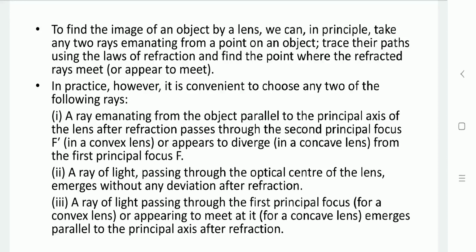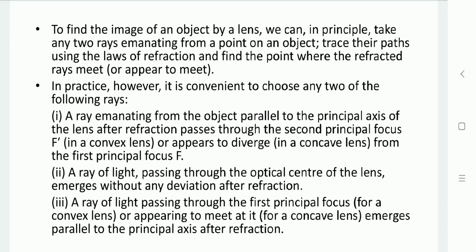Here any two of the following rays can be chosen. First, a ray emanating from the object that is parallel to the principal axis of the lens. After refraction, it passes through the second principal focus f dash, or diverges from the first principal focus f.